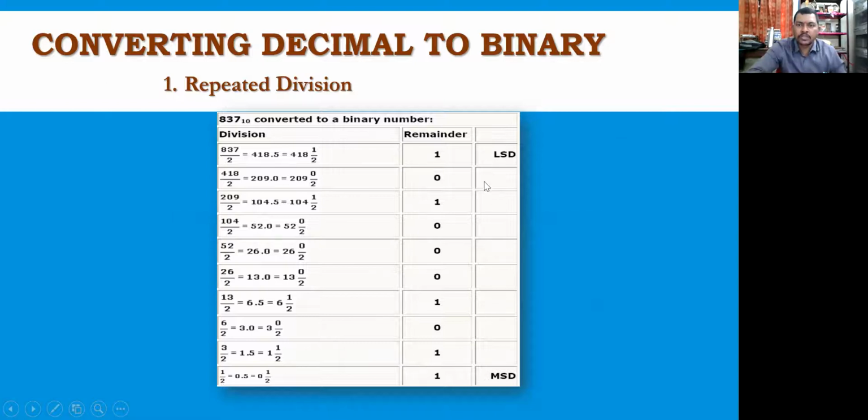We are restoring this from bottom to top, right? So we are writing like this, and the number appears like 837 can be written as 1101000101 in binary. This is how it is represented. So this stands for the radix or base, which I already told you, and this 2 implies that this particular number is a binary number, right?